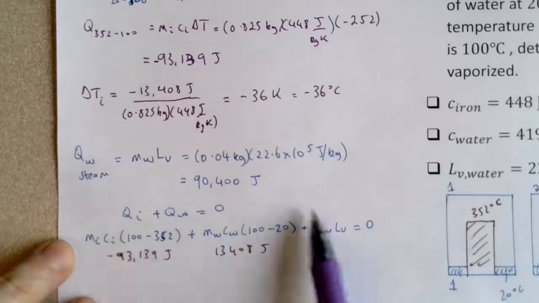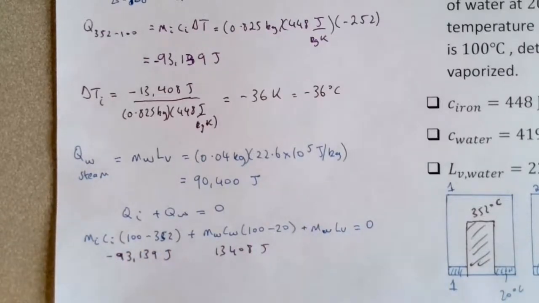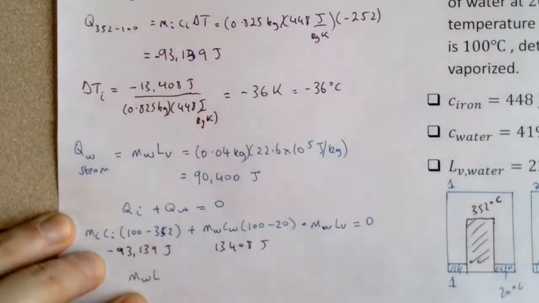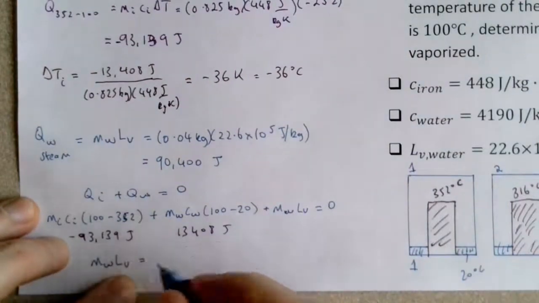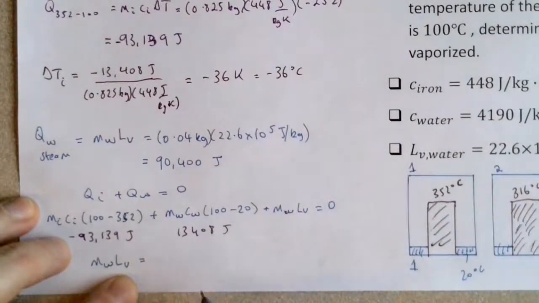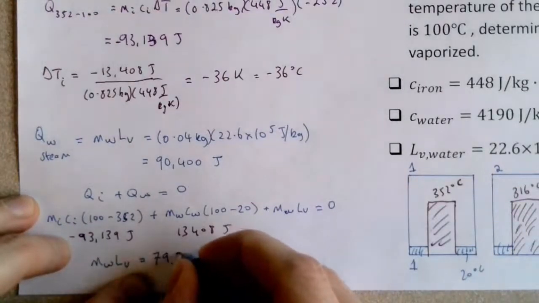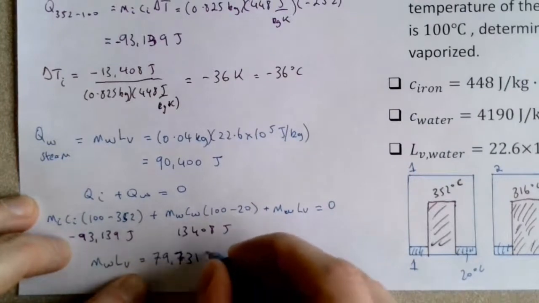So if you bring this one across, this will become a plus. Take this one away, it will be a minus. So the amount of energy that can come out of the iron block to create steam works out to be 79,731 joules.